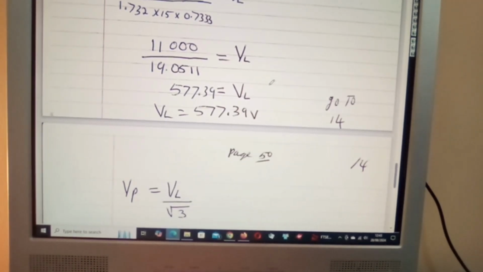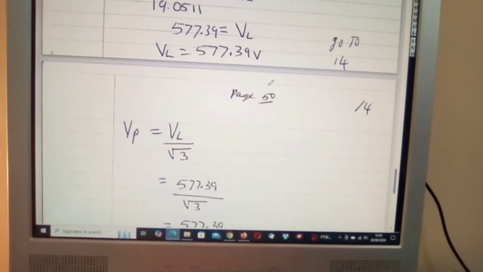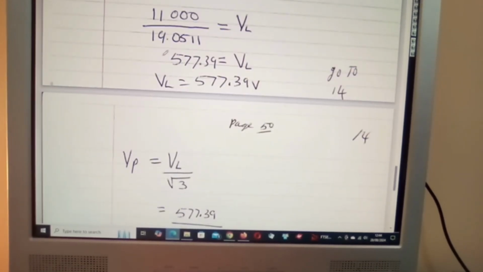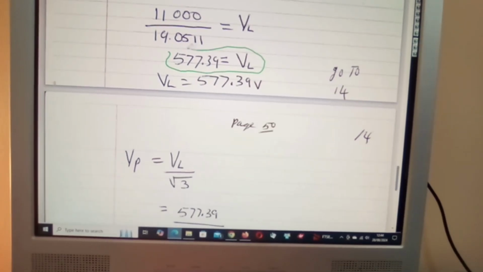Voltage line equals 577.39 volts. Make sure you're happy with how this was achieved, so that you know how we got it.